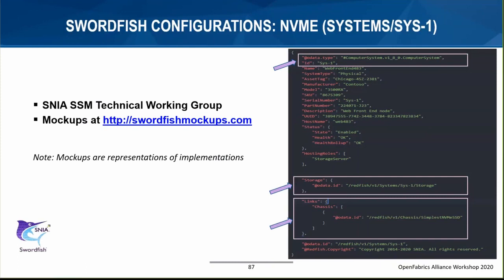We can also see that there is a link to the simplest NVMe SSD drive, which is sitting in the chassis. These are nothing but the JSON schema files. Schemas can be defined in either JSON format or XML format. Both are being implemented. This one is the JSON format. So moving on to the next slide.